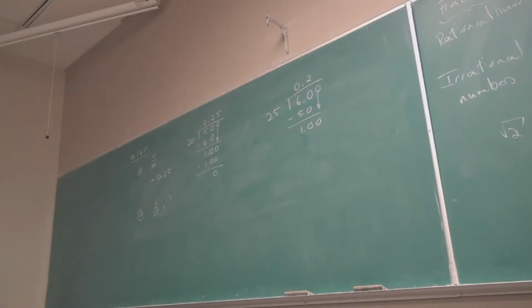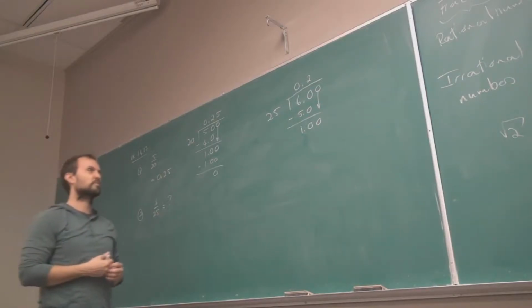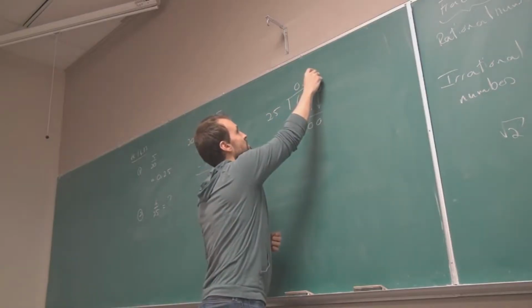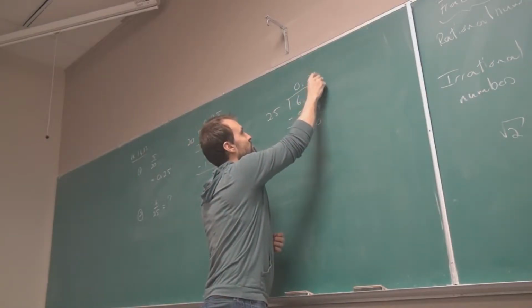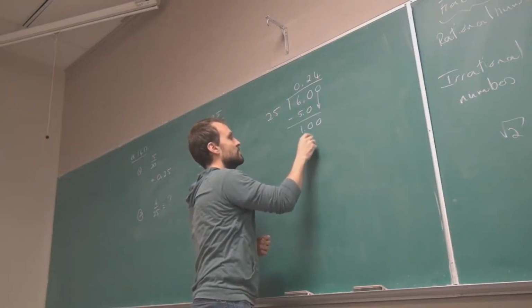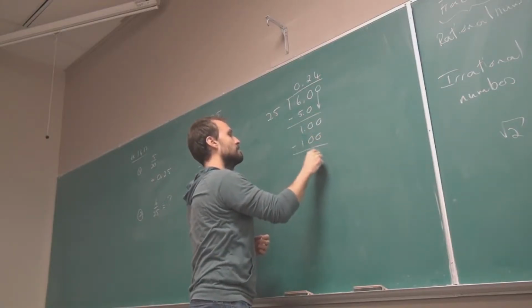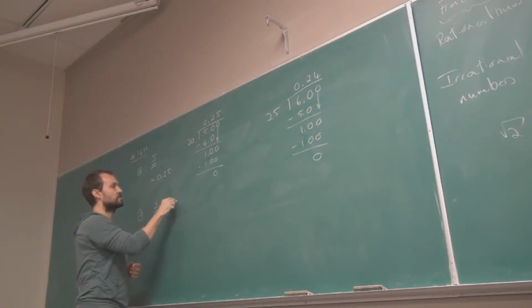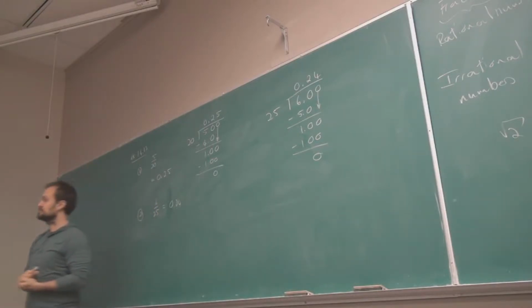Grade, I don't know, 4-ish. 25 goes into 100 4 times. 4 times 25 is 100. And I am done. So 6 over 25 is 0.24. Piece of cake.